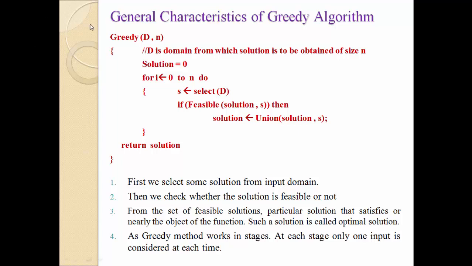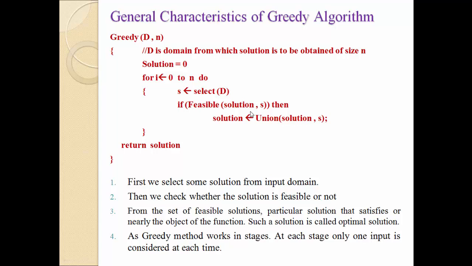There is one solution set, in which we will store our solution. As we discussed, D is a domain in which we have multiple choices of different solutions. So select one solution from D and store it inside S. Then we need to check whether this solution is feasible or not. If it is feasible, then store it inside the solution set. If it is not feasible, then we have to find a second choice.